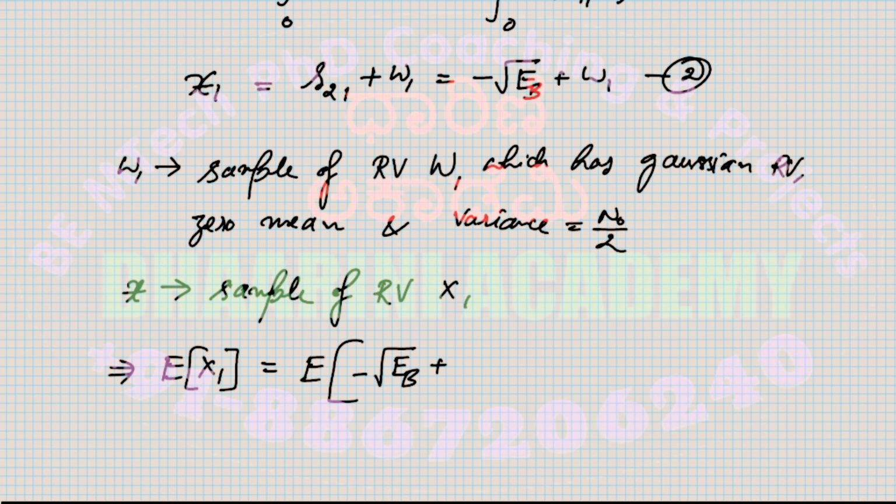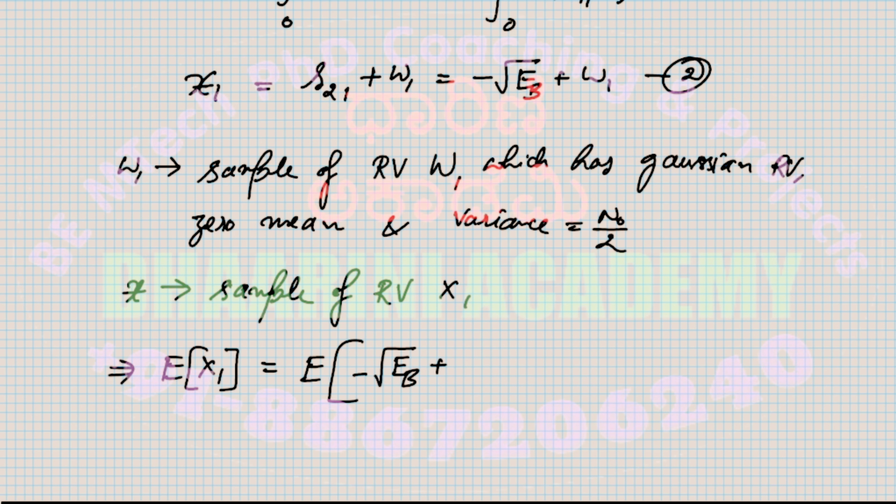We have two components inside this bracket, so we are going to calculate the expected value of both of them separately, then club them to get the actual answer.